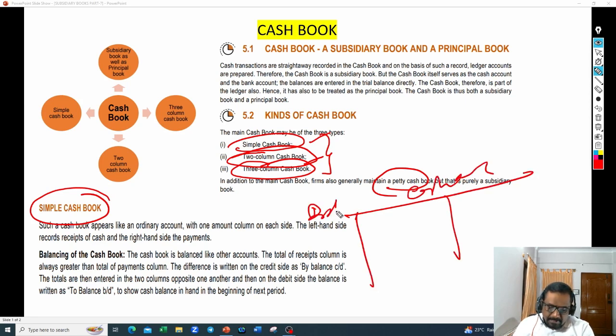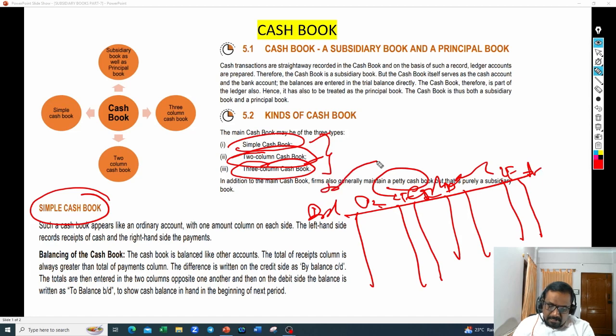Date, particulars, LF number, amount. Similarly on the other side, date, particulars, LF number, amount. Debit and credit. That's all. Nothing else. It looks like a cash account only. I'm going to show you the specimen and give you one problem to work on, and you will get to know how the format is going to be.